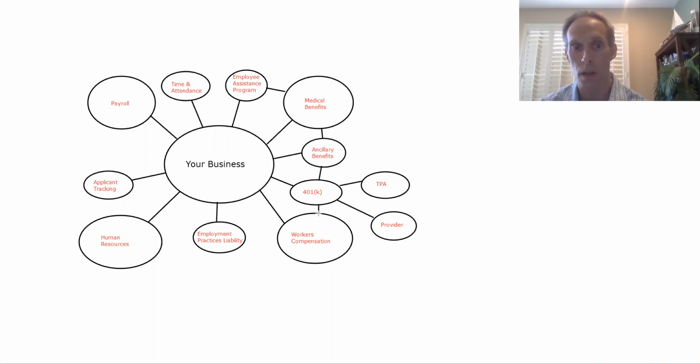Helps to reduce redundancies, create efficiencies, and certainly helps with the administration of whoever's tasked with administrating all of this, but also helps better support those that are using all of this, your employees. And so the PEO allows all these things to become better integrated and automated. So that's a big part of what the PEO is.